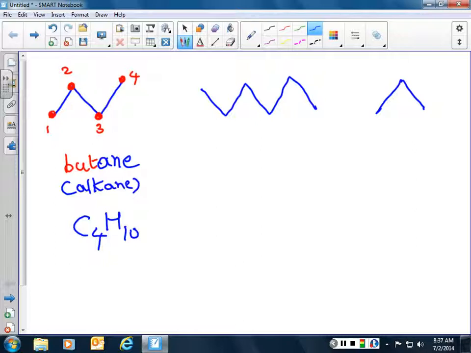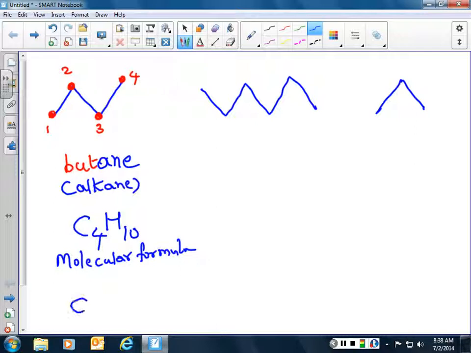This is called molecular formula. Okay. So this is butane. This is the molecular formula. And same thing, you could write it out instead of drawing this.